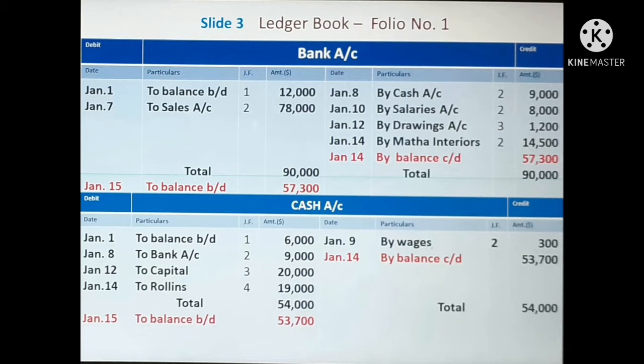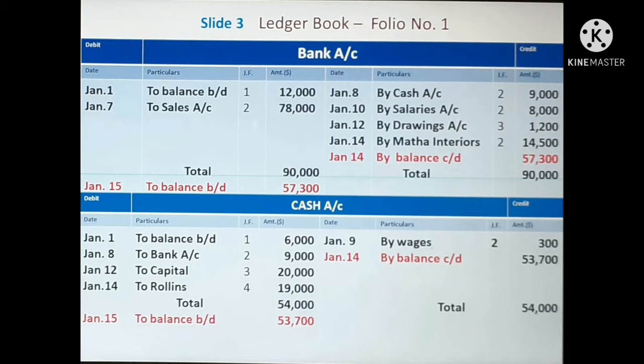Further, on January 7, there is a collection from sale of goods, $70,000, that comes to the bank account. On the credit side, all transactions where our bank account is giver: $9,000 given for cash box, $8,000 salaries paid by check, $1,200 taken by Sabu for personal use, and $14,500 paid to Mada Interiors.